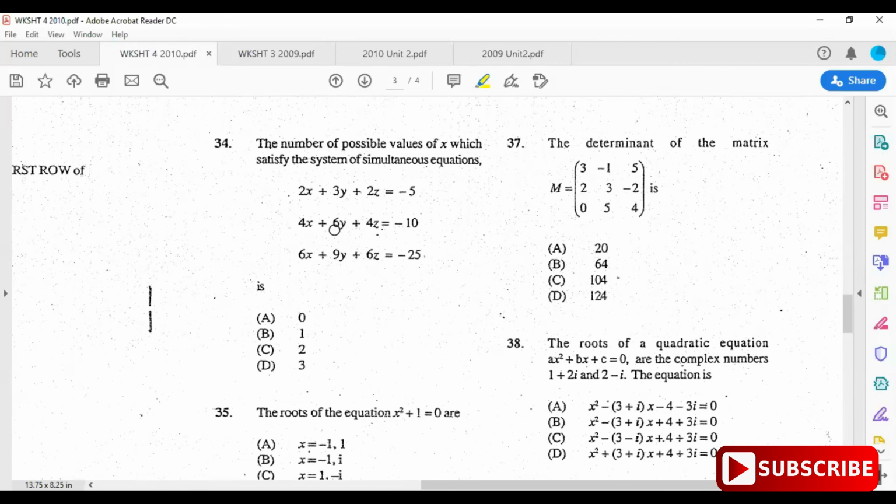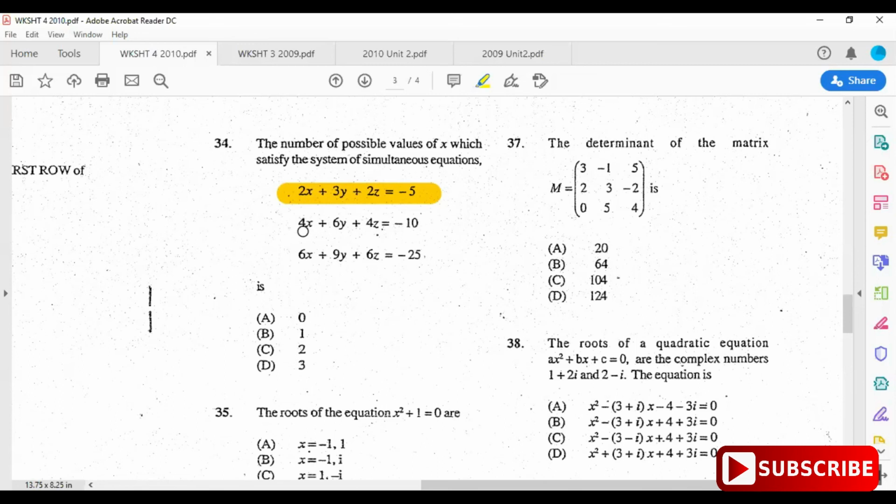So first and foremost, 2 and 3 are out. Now look how we're going to check if they intersect. Look at this first equation. If you multiply this equation by 2, you get the second equation.